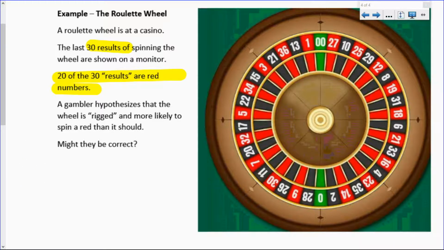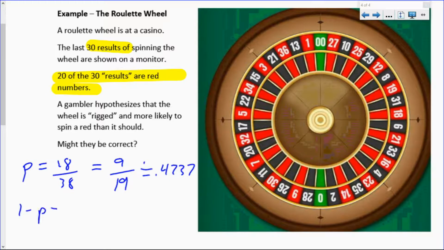The probability of getting red is 18 out of 38, or exactly 9 out of 19, which rounded is about 0.4737. That means the probability it's not red, which we'll call a not success, would be 10 out of 19, because there are 20 numbers that aren't red, or 1 minus 0.4737, which is about 0.5263.